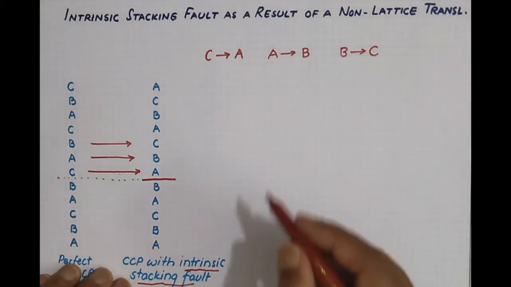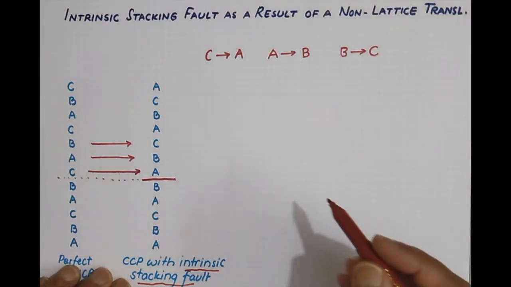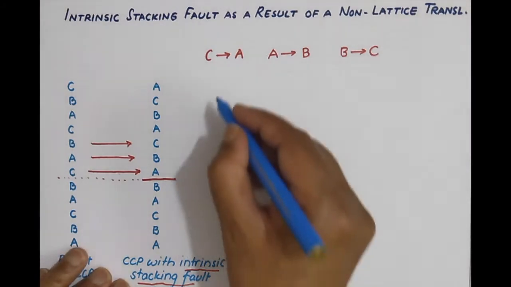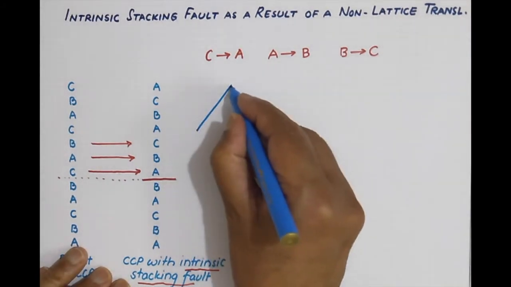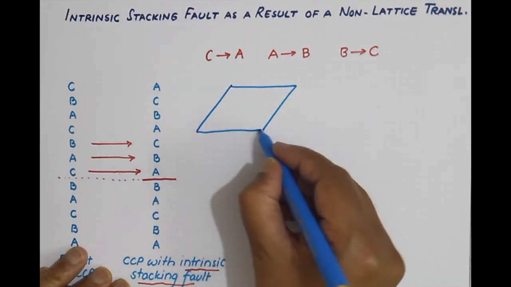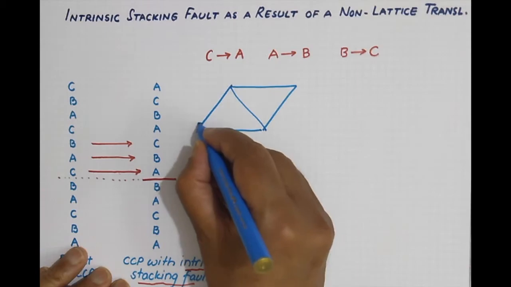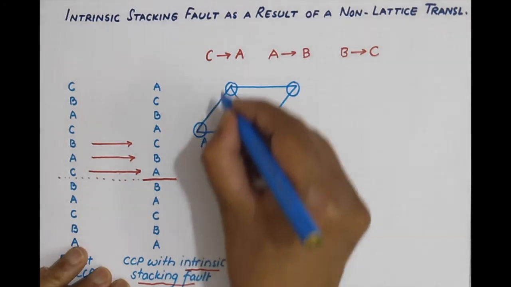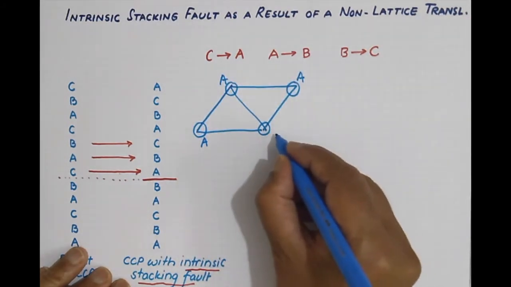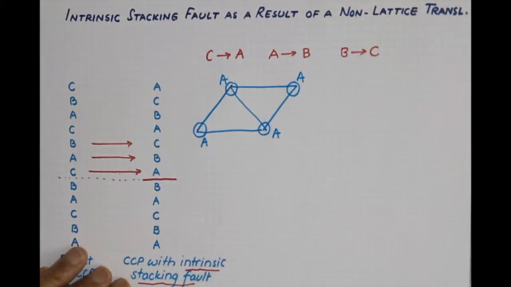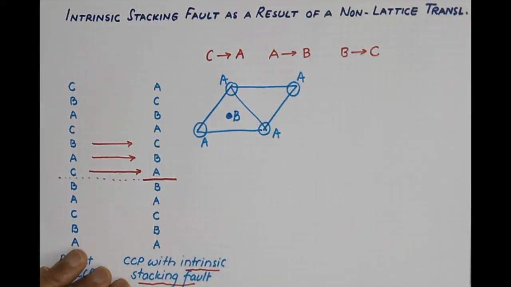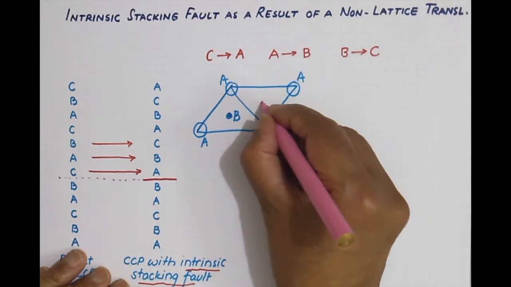Let us look at it. So again, if we draw the ABC stacking sequence which I had drawn, let us say that these are the A atoms, and the B location will be here, and the C location will be here.